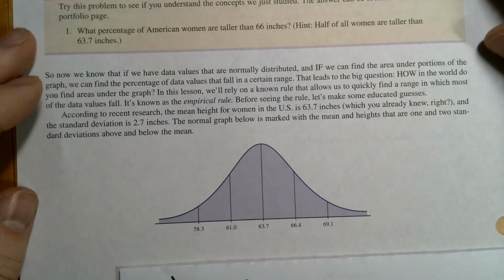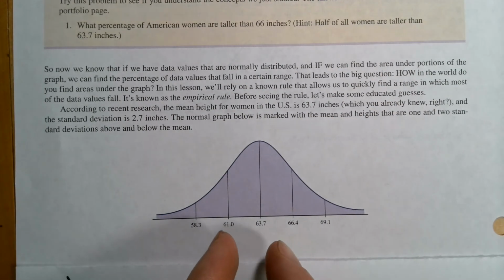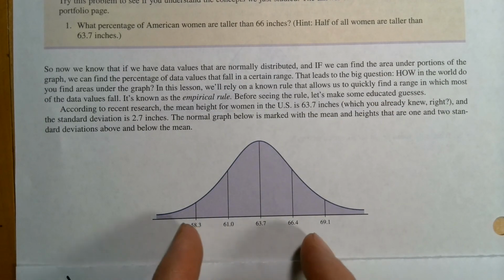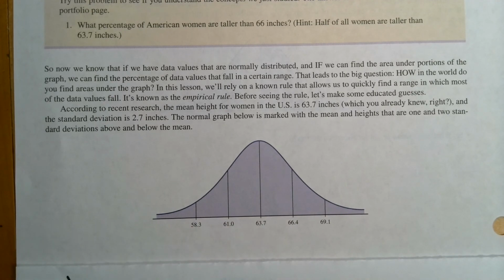So now let's connect what we learned about standard deviation a little bit ago. When your data set is normally distributed, we can plot the mean in the center, and then we can run tick marks out away from the mean, equal distance from the mean, and these are called a standard deviation away from the mean.